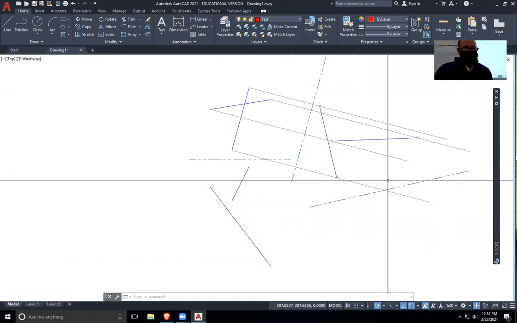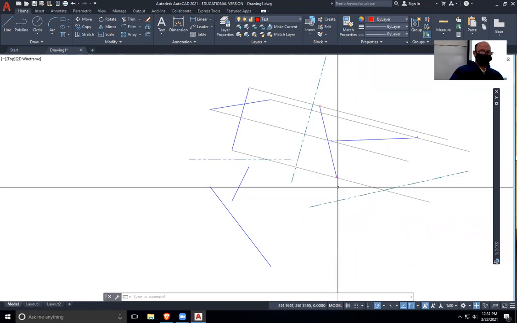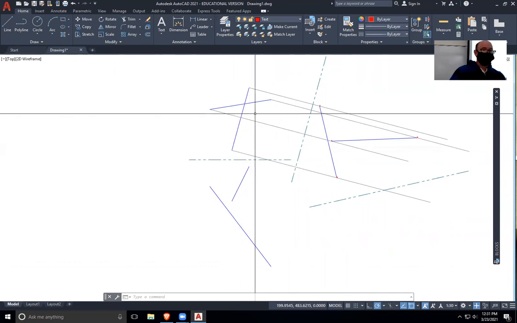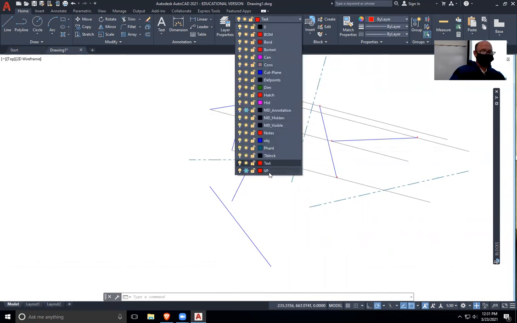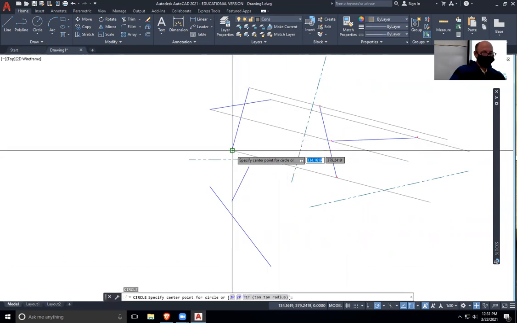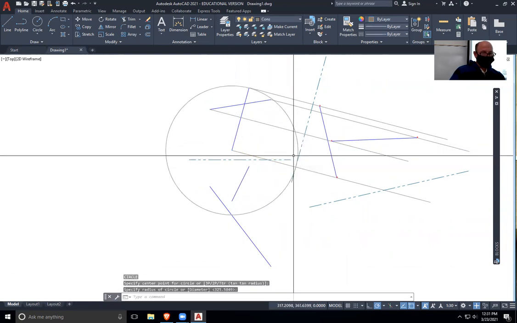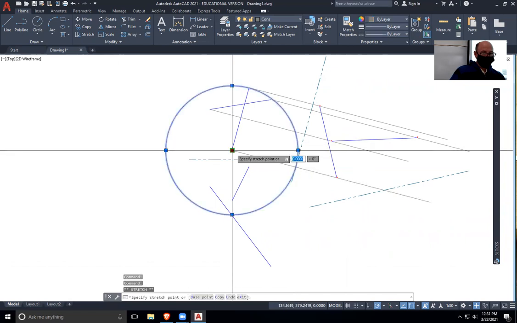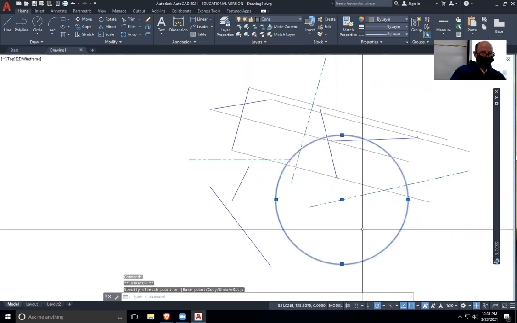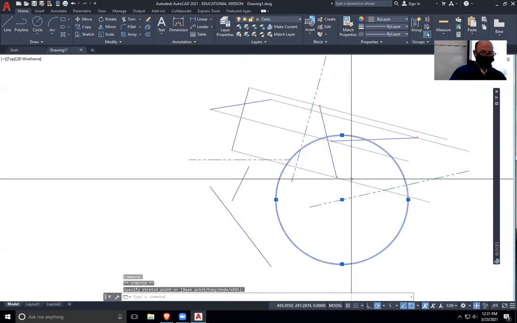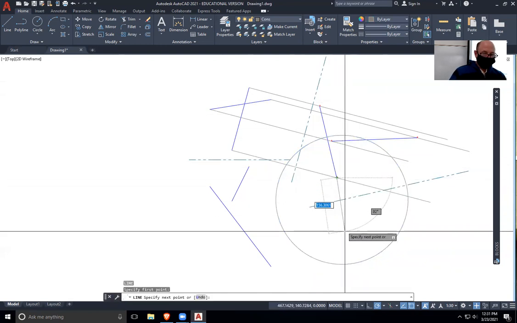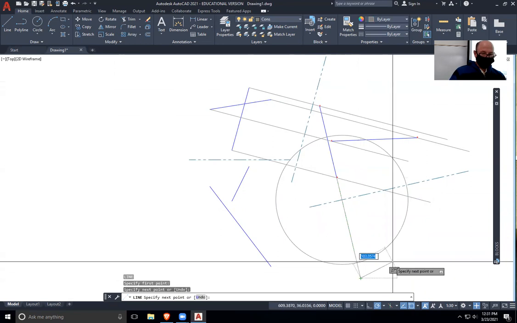Okay. So projecting out of here, I look at the distances. So 1 circle should do it for this distance right here. There we go. And of course, I'll have to draw a line anyway. There.